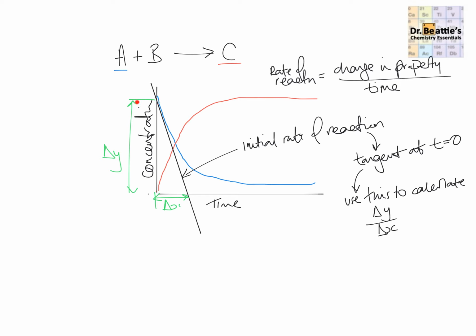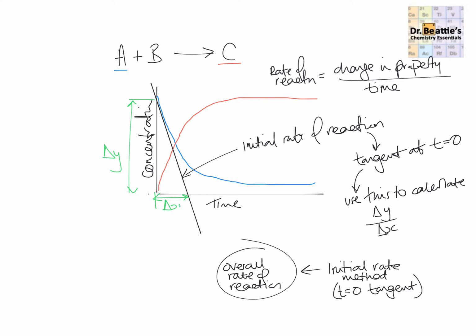And so whatever these values are, you divide over and you would get your initial rate of reaction. So it's important that the overall rate of reaction can be determined by the initial rate method, which is taking a tangent at time 0.